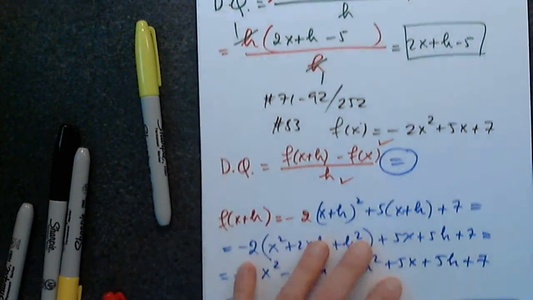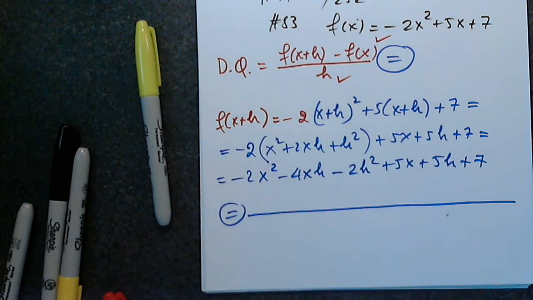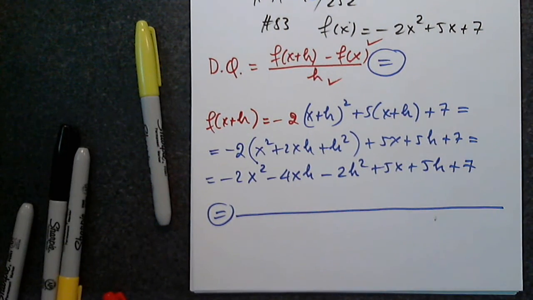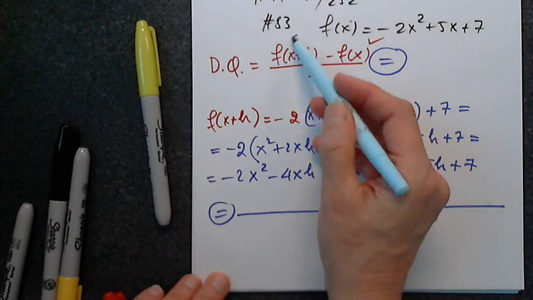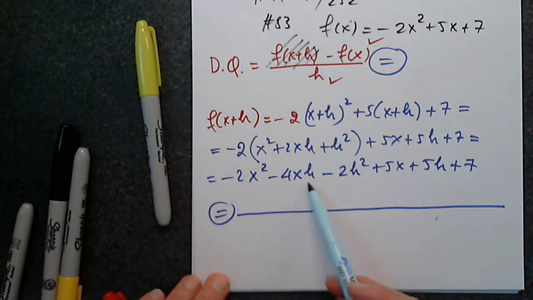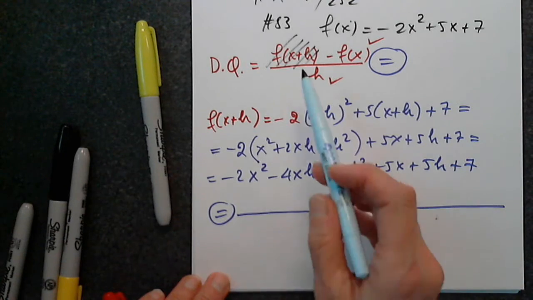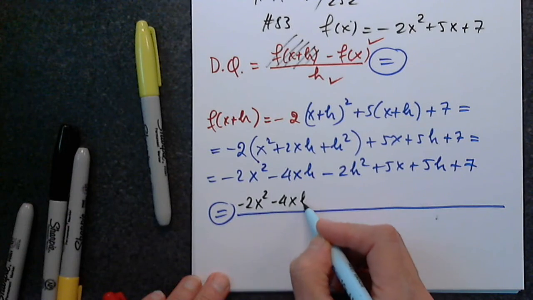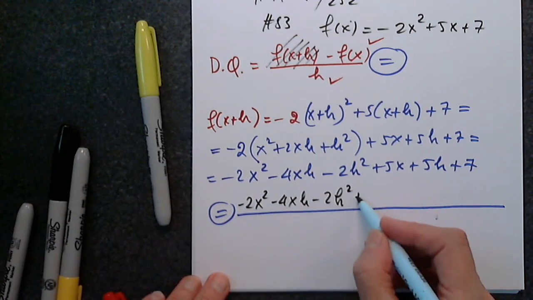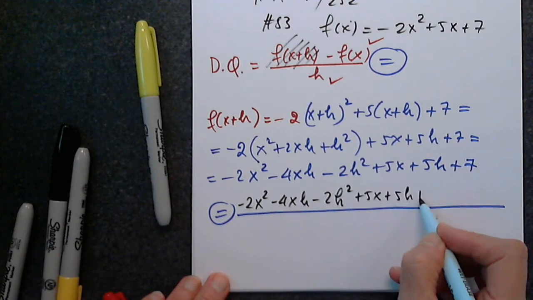It's the same letter, but not that particular one. So can anyone dictate? This has to be replaced by this: negative 2x squared minus 4xh minus 2h squared plus 5x plus 5h and plus 7.